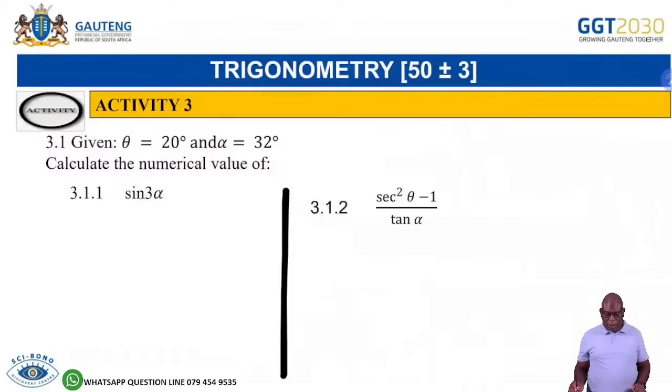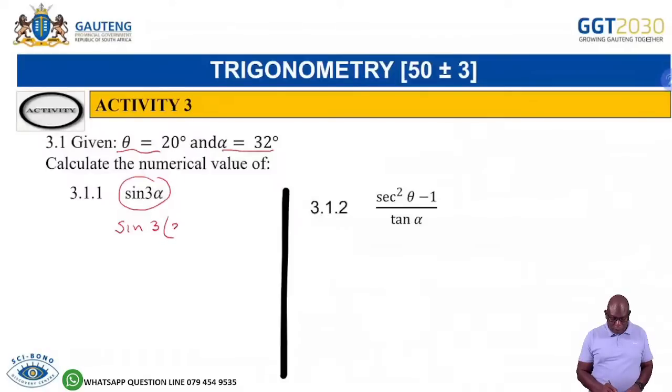Question 3, trigonometry. I'm not going to do a lot of those. So you are given theta there, you are given alpha. So now you need to calculate the numerical value of this. So we will have, just by substituting that value here, 32, then I have already gained a mark.